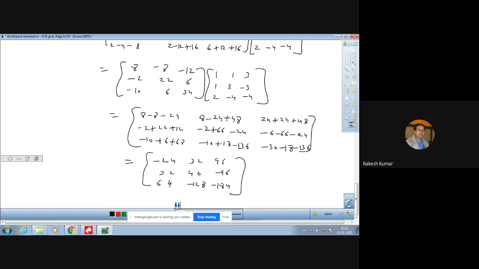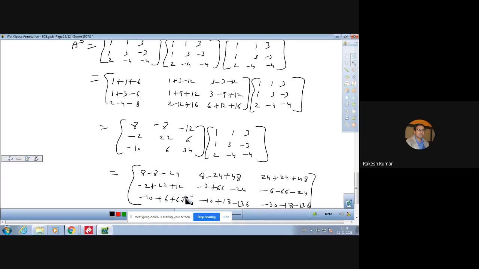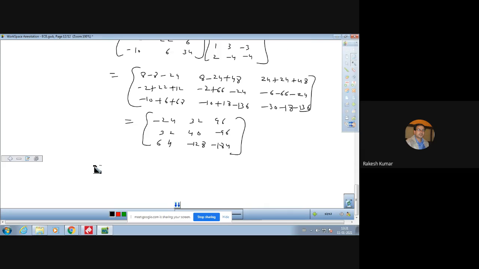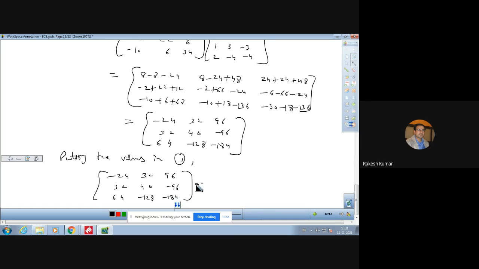Now substituting these values in equation number 1. Earlier we have equation number 1, this one. So you just need to substitute the value in equation number 1. Putting the values in 1, this is A cube: minus 24, 32, 96, 32, 40, minus 96, 64, minus 128, minus 184, and minus 32A.